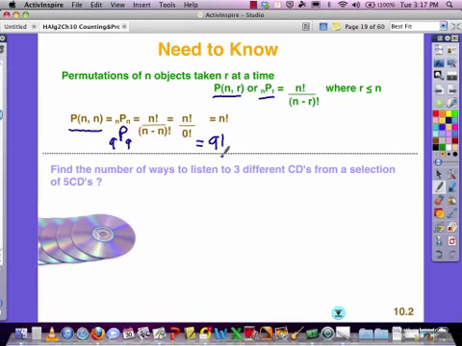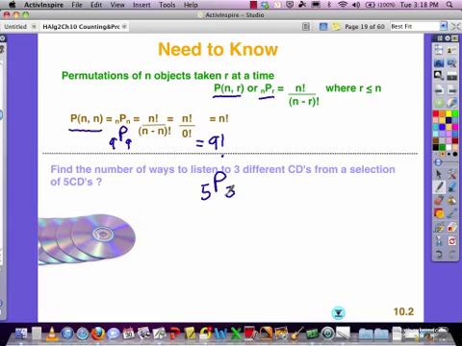So our example here is find the number of ways to listen to 3 different CDs from a selection of 5 CDs. So I believe if we use our nPr notation, we have 5 things in a permutation, which is a specific order arrangement, and we're going to take 3 of them.